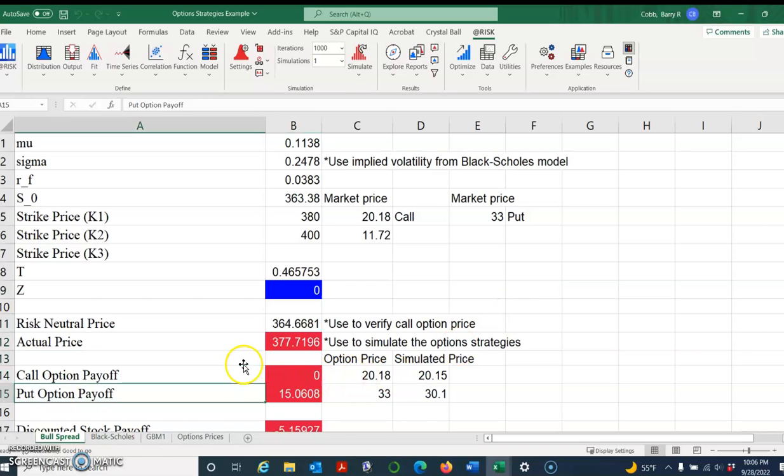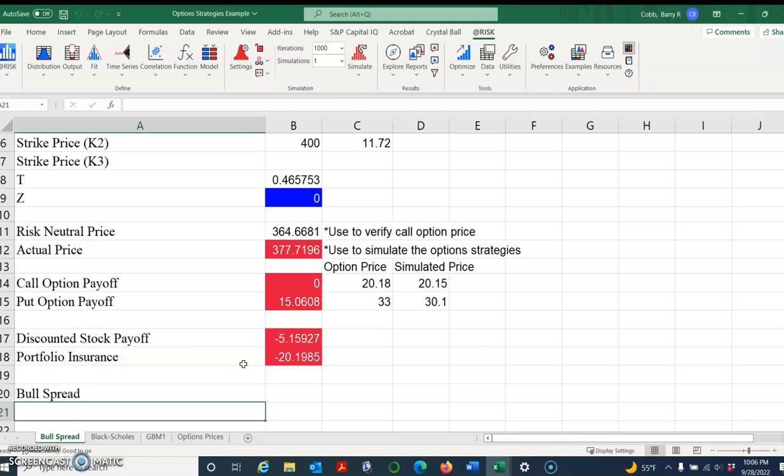Okay, so let's simulate the Bull Spread. All right, so here is the way we would simulate the Bull Spread payoff. The Bull Spread assumes that we buy a call option on the SPY mutual fund, and we'll buy one relatively close to the current price. So in this case, let's just use the call option that we already have valued here.